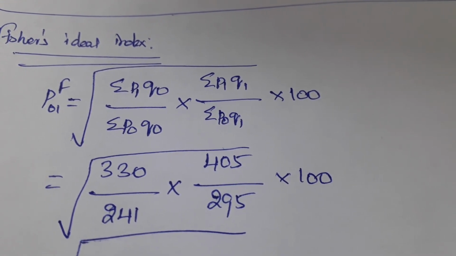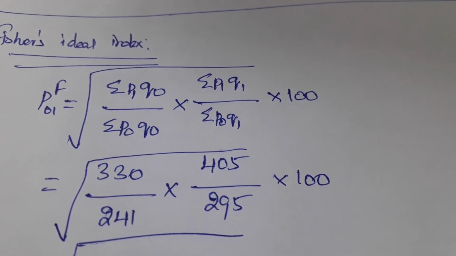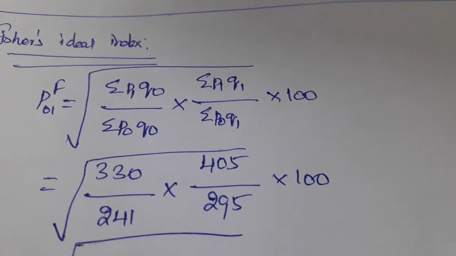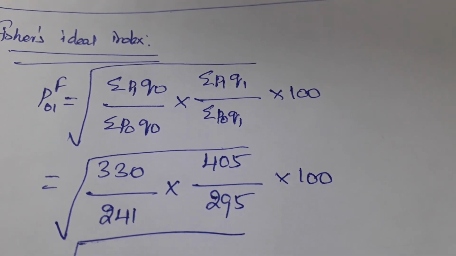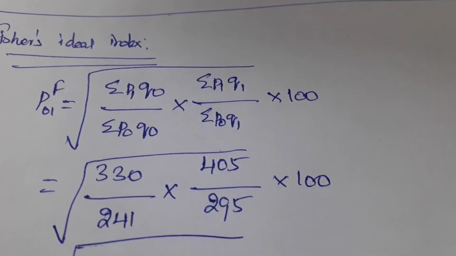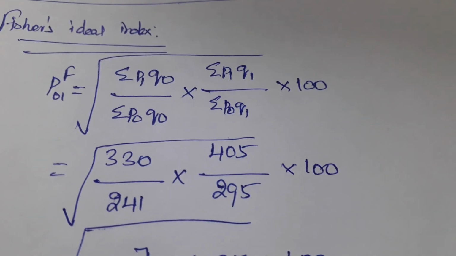The first represents Laspeyres' method. The second one is Paasche's method. If you multiply these two methods under a root, we can get Fisher's ideal index.